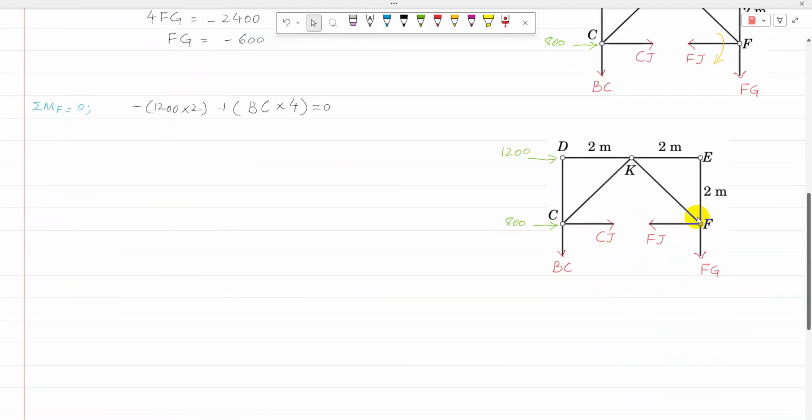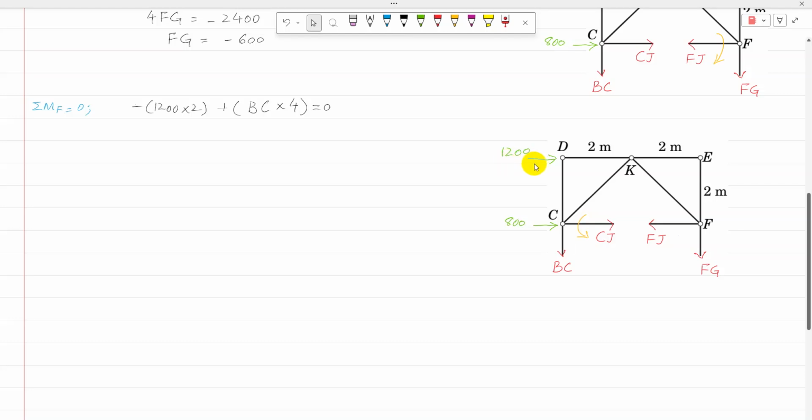Next, I'm going to take moment about point F. So CJ, FJ and FG are going to pass through F, so moment due to them is 0. The 800 load is also passing through F, so its moment is 0, and then there is BC. The perpendicular distance from the line of action of BC to F is 2, and it is going to produce moment in anti-clockwise direction.